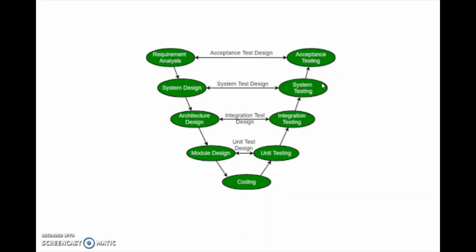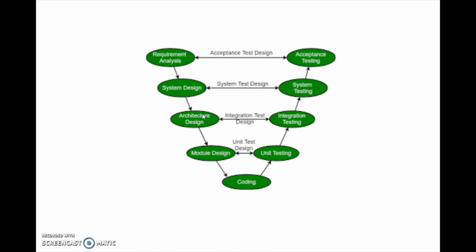Then the next is architectural design, that is going to be an input to integration testing. Architecture design means obviously we have seen the architectural plan, or basically the integration design, wherein you are going to describe how the individual modules are going to interact with each other.